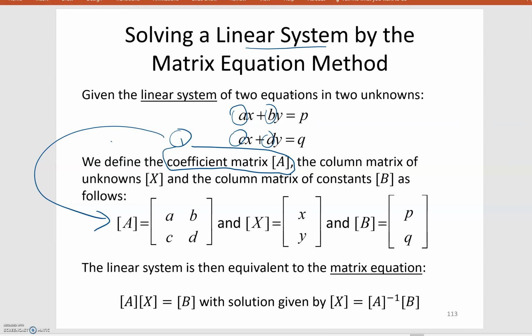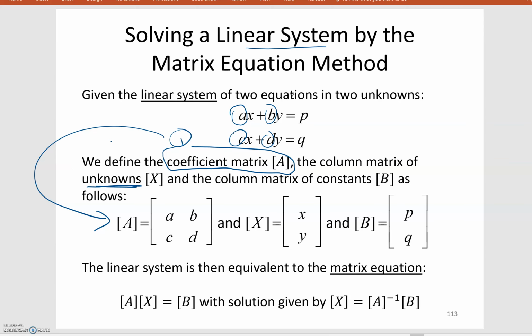The next matrix is the matrix of unknowns, and we give it the title capital X, and it's a column matrix or a vector, and it has just the unknown variables in it. So in this case it's going to be X and then Y, in the same order as these are from left to right.